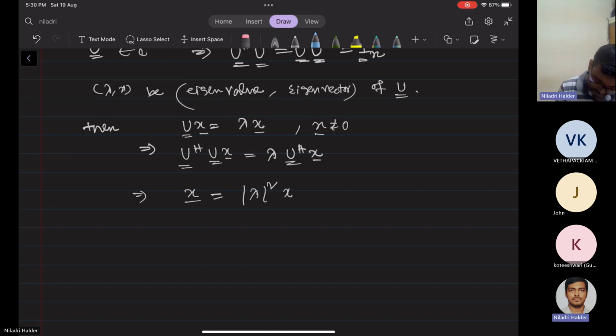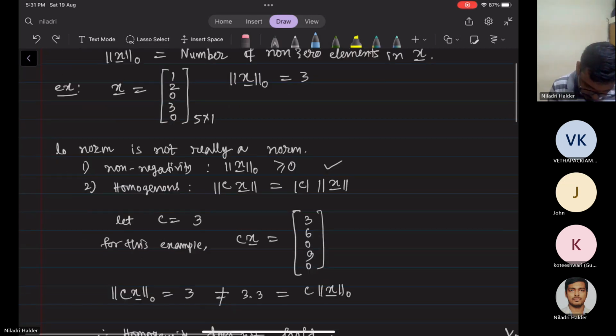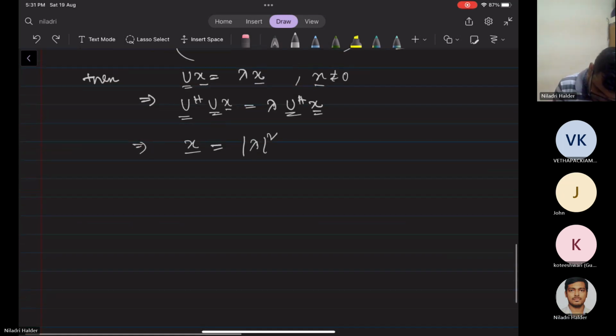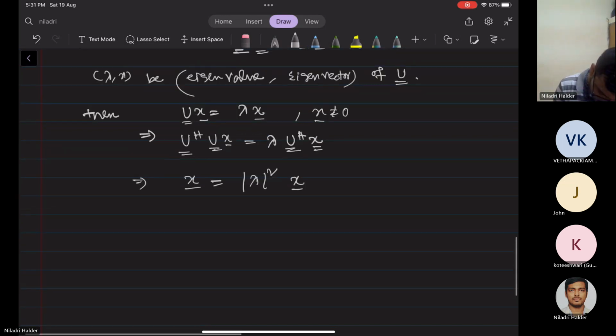Then we can multiply it by x Hermitian also.